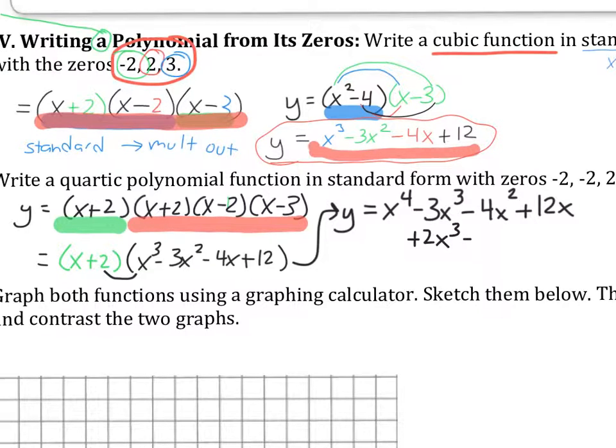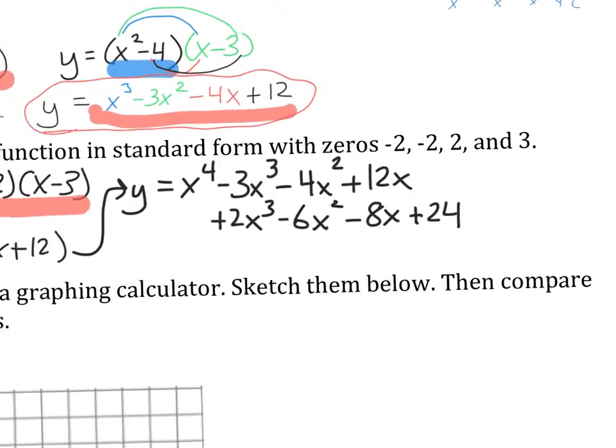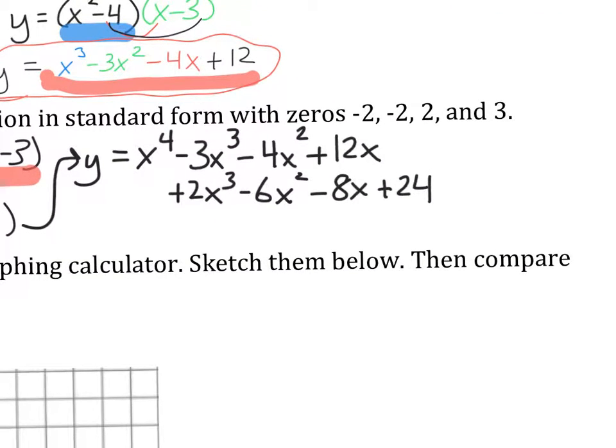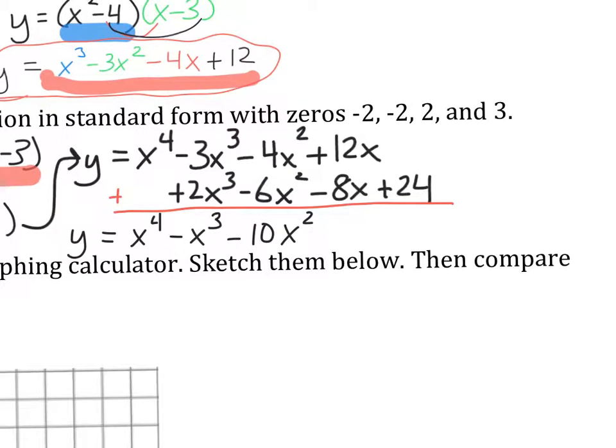Then I get negative 6x squared, and then negative 8x, and then plus 24. Now we're in a position where I can just combine like terms. It's just like old school adding and subtracting. x to the 4th plus 0 minus 1x cubed minus 10x squared plus 4x plus 24.